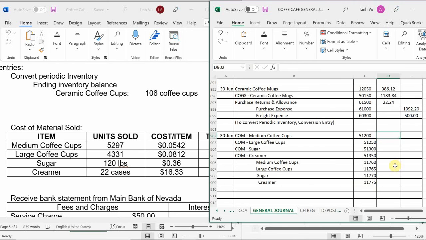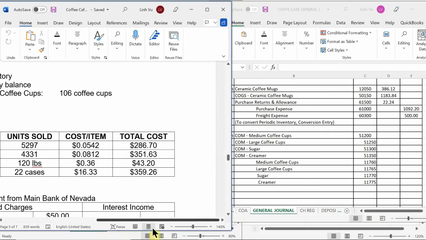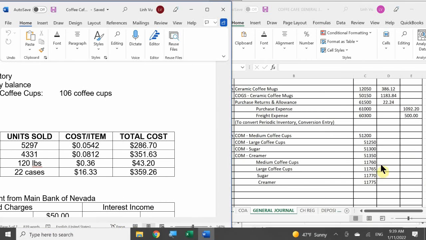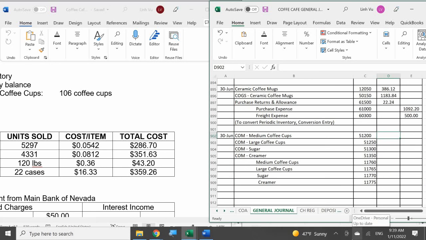So, cost of materials, like I said, I've already calculated it for you. How much was the cost of material for the medium cups? 286.70. The large cups? 351.63. The sugar? 43.20.